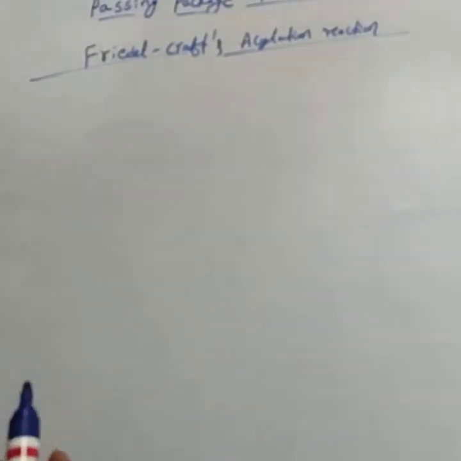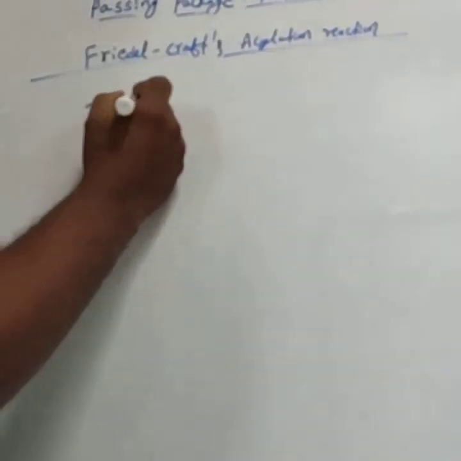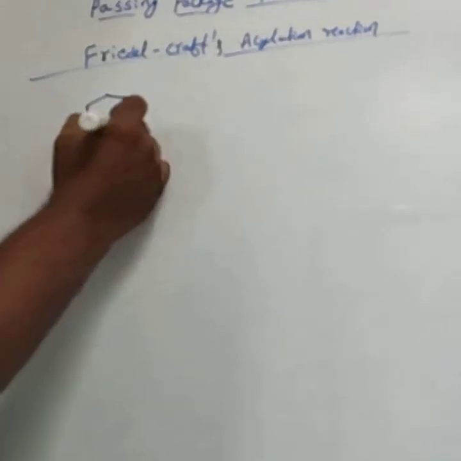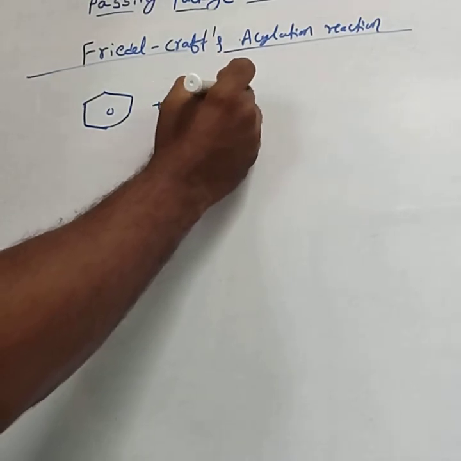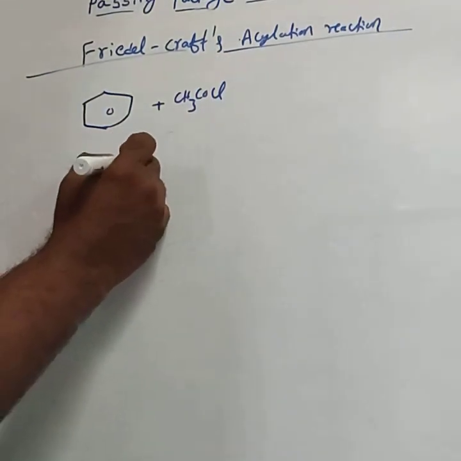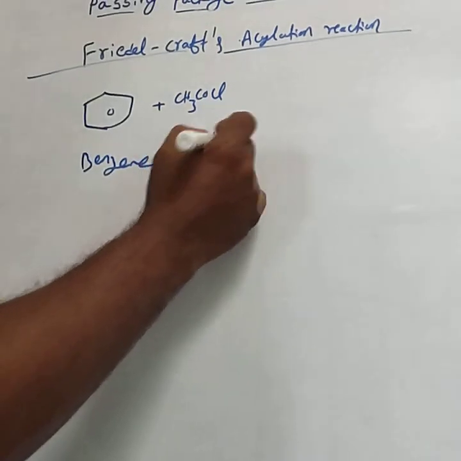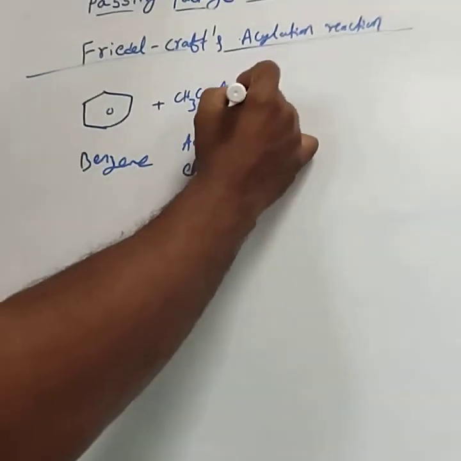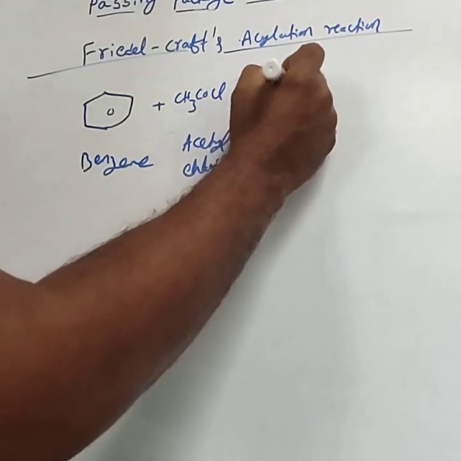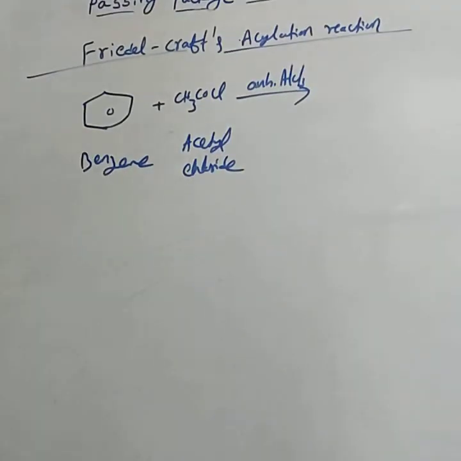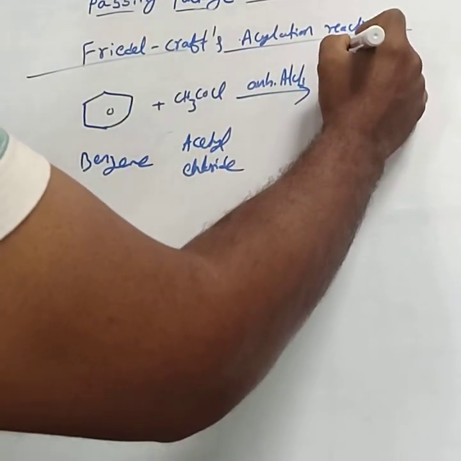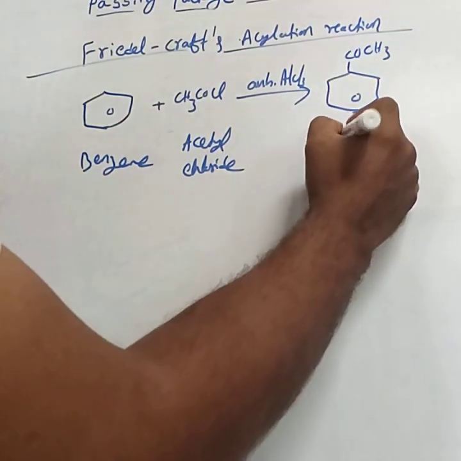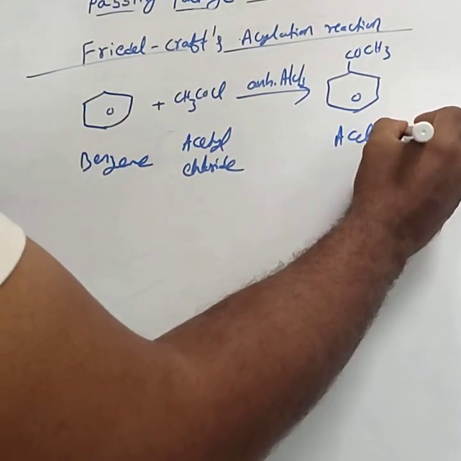Next one is the Friedel-Crafts acylation reaction. In this reaction, benzene is treated with acetyl chloride in the presence of anhydrous aluminum chloride catalyst, and we get acetophenone.